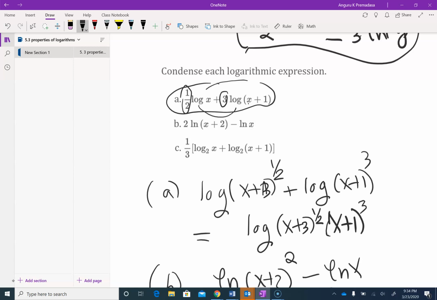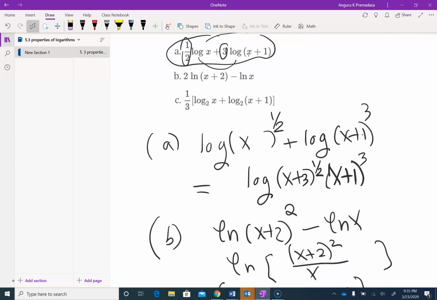So then you get log of x to the power 1/2, right? Okay, there is no actually x plus 3 here. And plus, when you take the 3 up here, you get log of x plus 1 to the power 3. And then there's nothing in front.